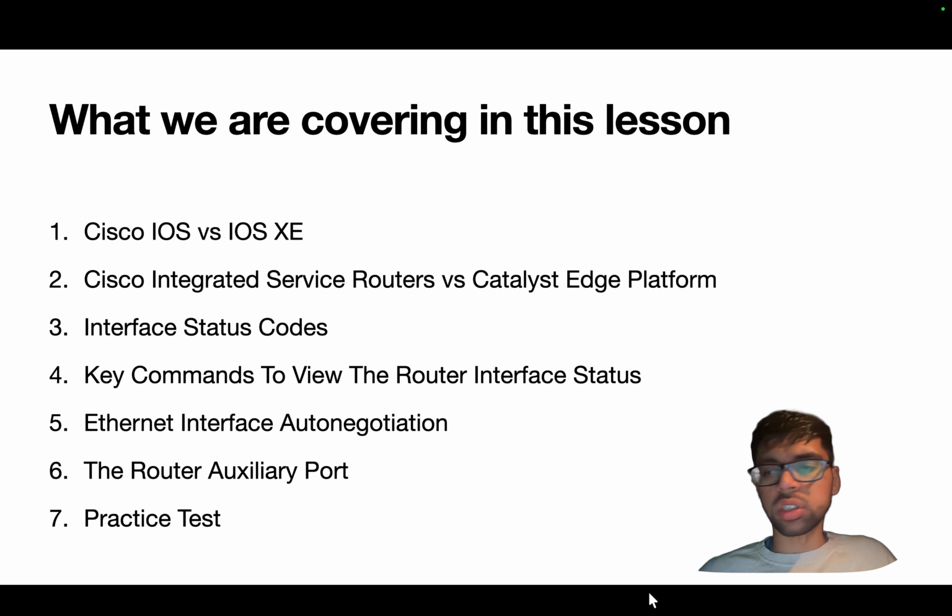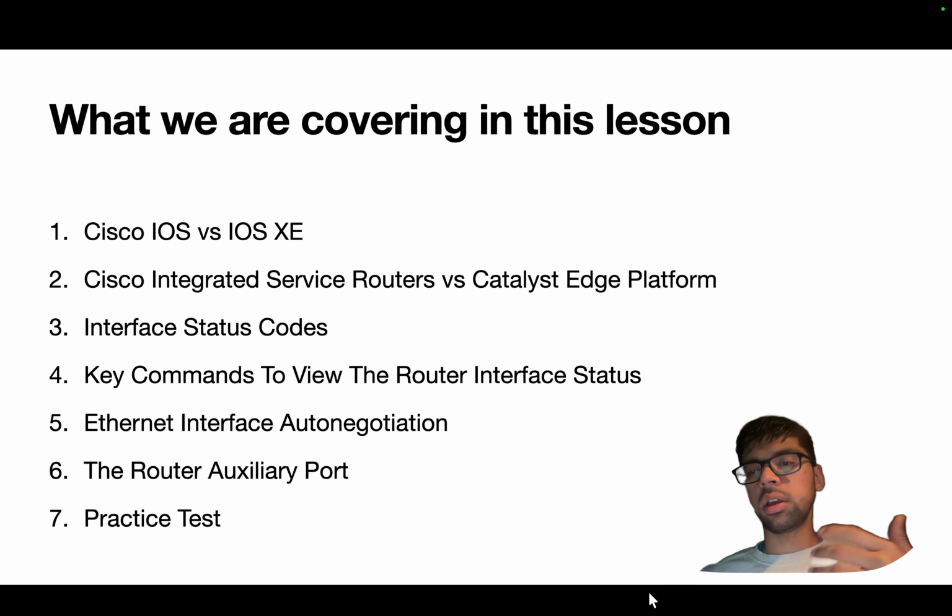Integrated Service Routers, ISR routers. You might be familiar with Cisco ISR routers. We'll be talking about them, and then the Catalyst Edge platform, which is like the new kid on the block, and we've got some more awesome routers that are coming out. But don't be confused. Catalyst, you might think of the classic Catalyst switches, right? The 2950, the 3560.